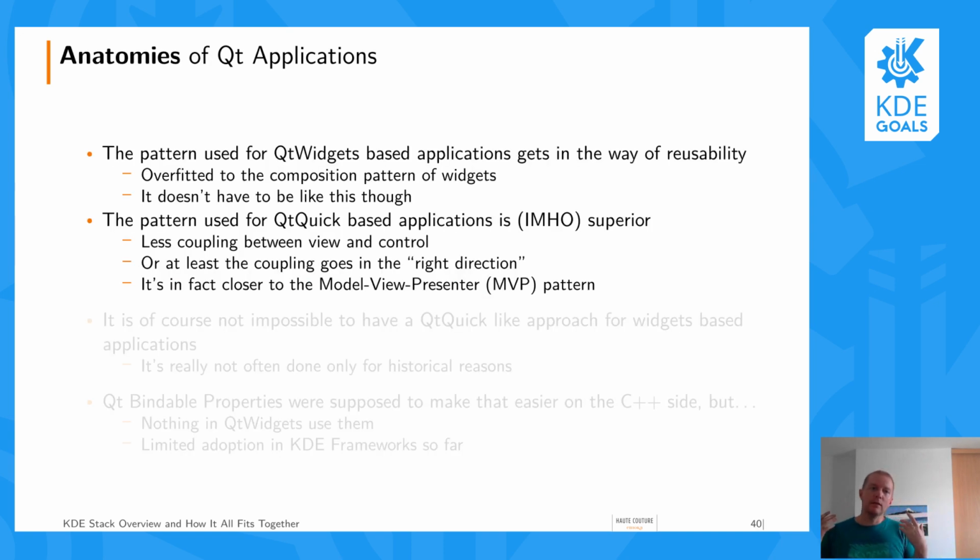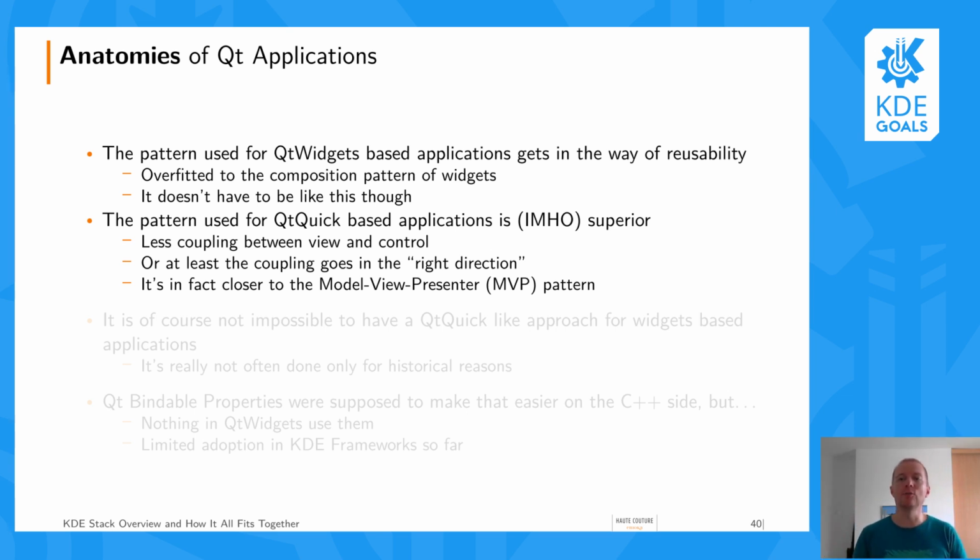So in a way, I called that section the anatomy or architecture of a Qt application. In reality, we have anatomies, right? We've seen two different patterns. The pattern used for KWidgets is kind of the MVC pattern, model view controller, as I mentioned, but with a twist. That twist being the fact that we're inheriting from QWidget. That kind of gets in the way of reusability.